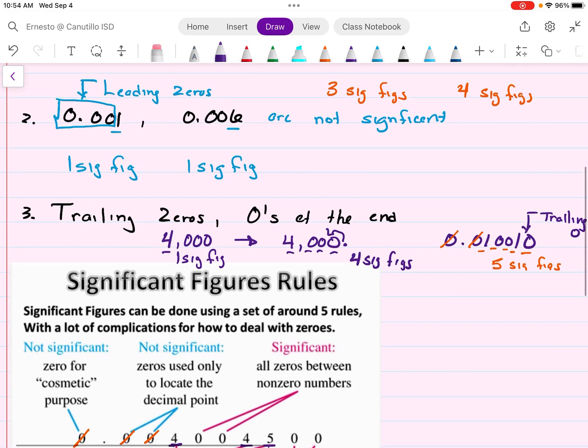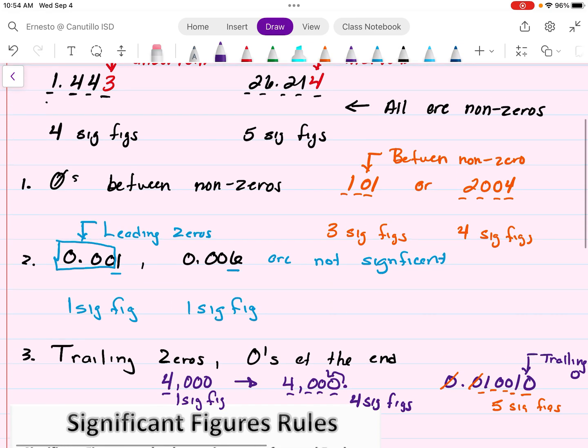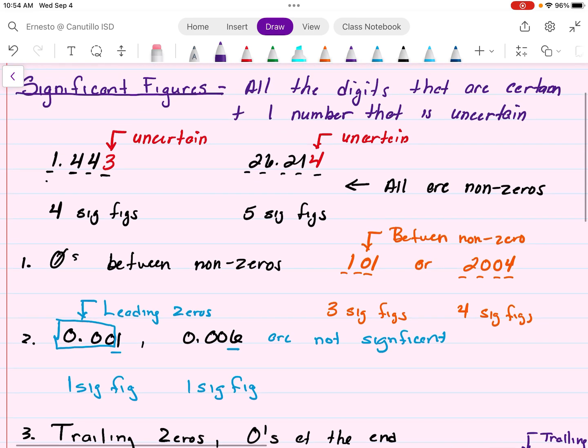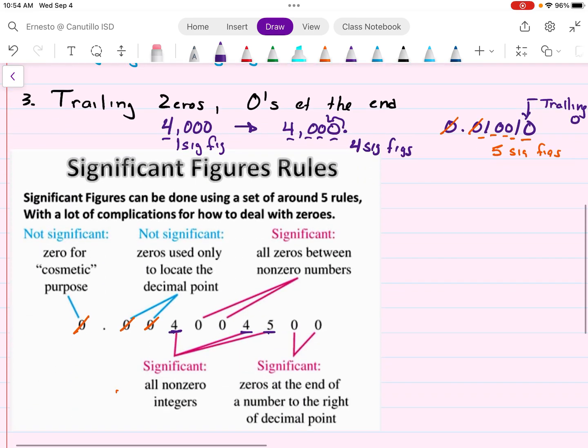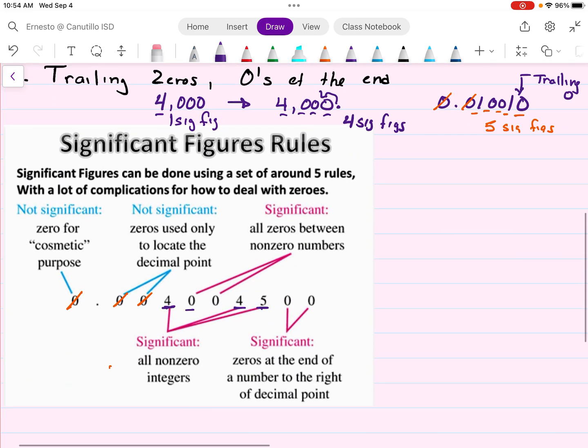The zeros, according to rule number 1, sorry, zeros between non-zeros are going to be significant. And the trailing zeros on the right side of the decimal point are going to be significant also. So this number has 1, 2, 3, 4, 5, 6, 7 sig figs.